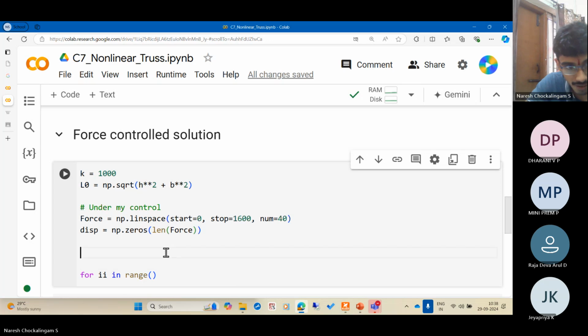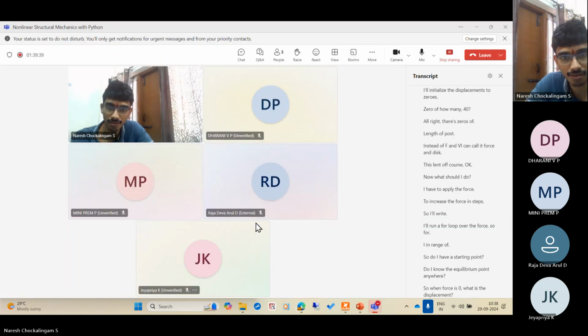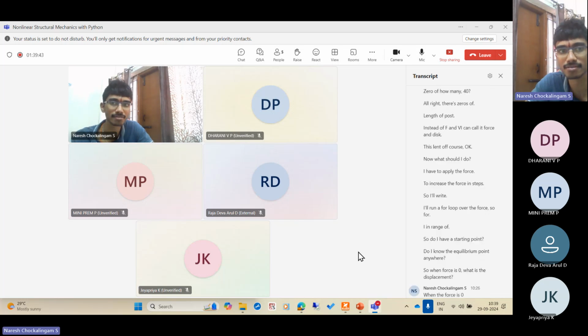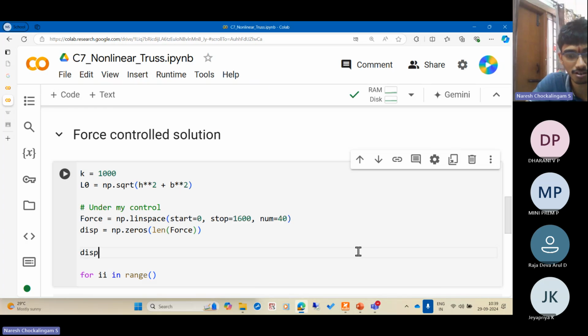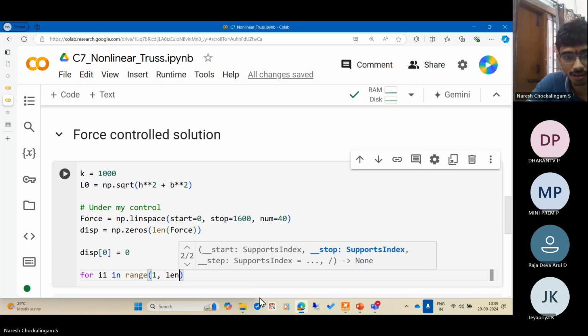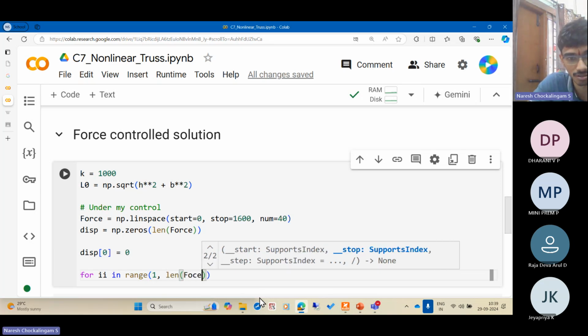When the force is 0, what is the displacement? It is 0. So displacement at 0 is 0, and anyway we're initializing it with 0, so no problem. I don't need to solve for the first step, so I'll start with the second step and go up to the length of force.